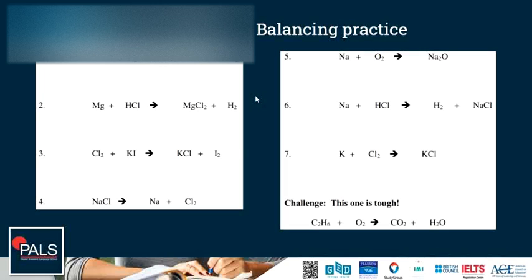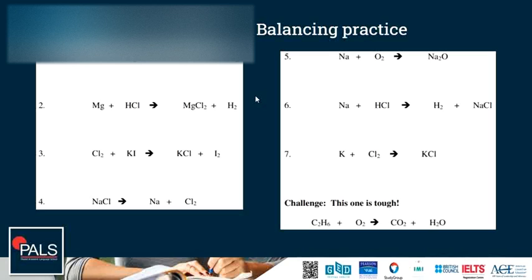Okay, here are some examples of unbalanced chemical equations. If you want to practice, you should stop the video now and write down these equations into your notebook and try balancing them.